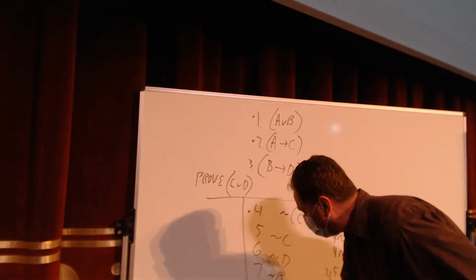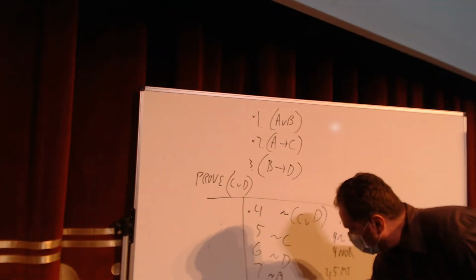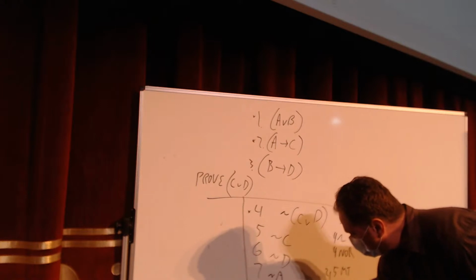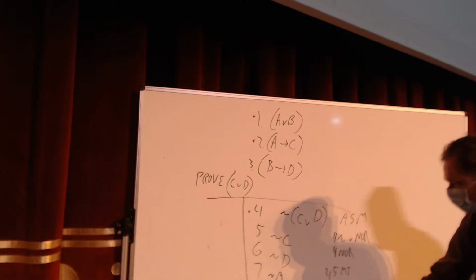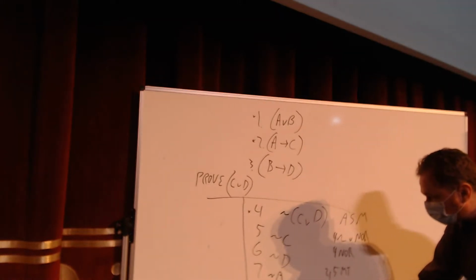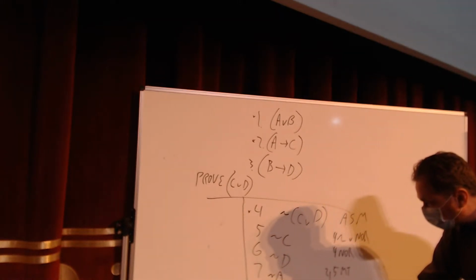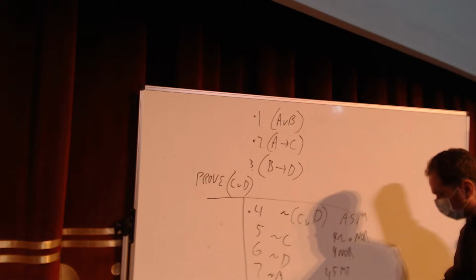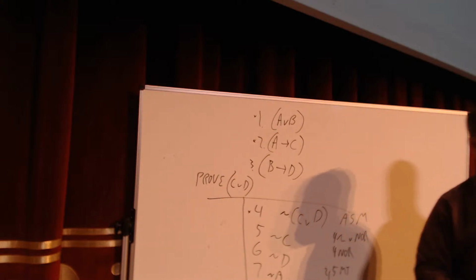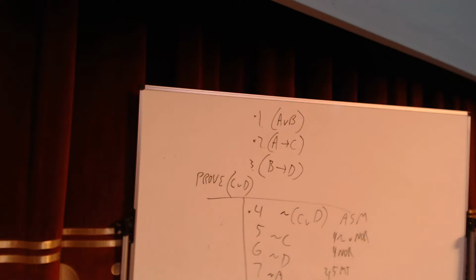So statement 10 is C or D, which was to be proven. It is from the line 4 because 6 and 9 contradict. And there we go.